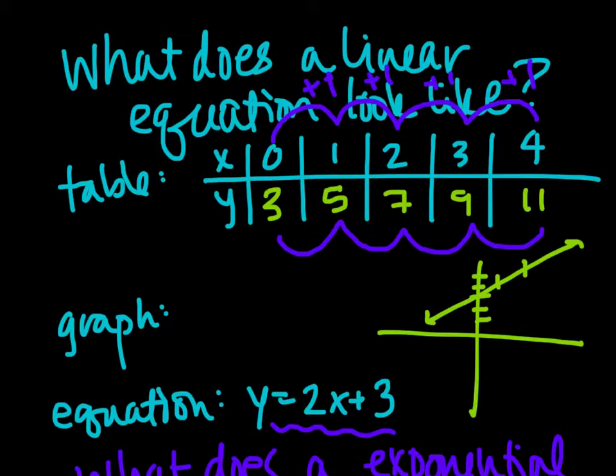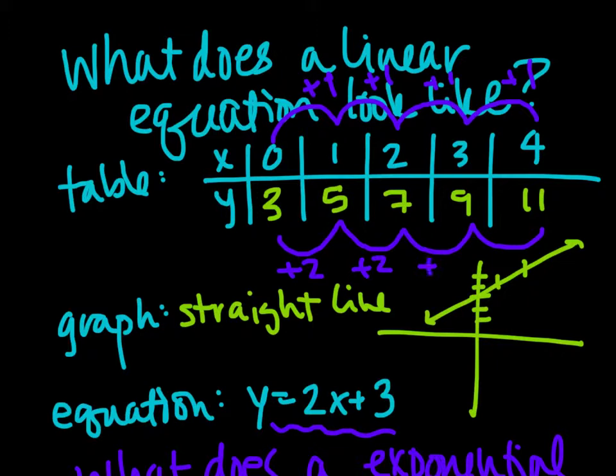Our graph would be a straight line, but we would see this constant plus 2, plus 2, plus 2 relationship. Now, that plus 2 relationship comes from our slope.